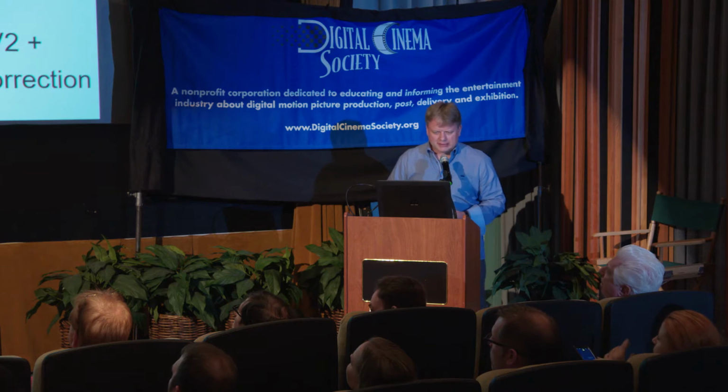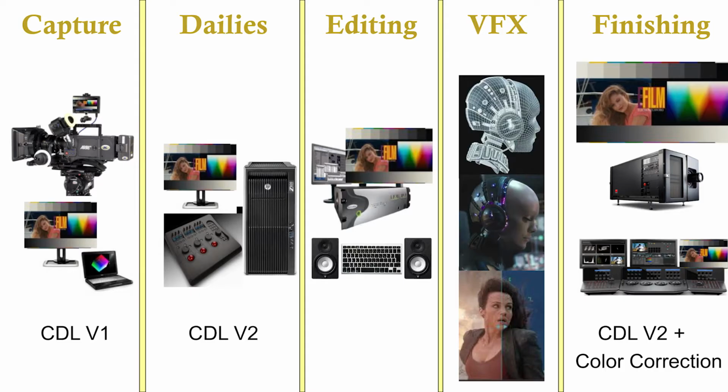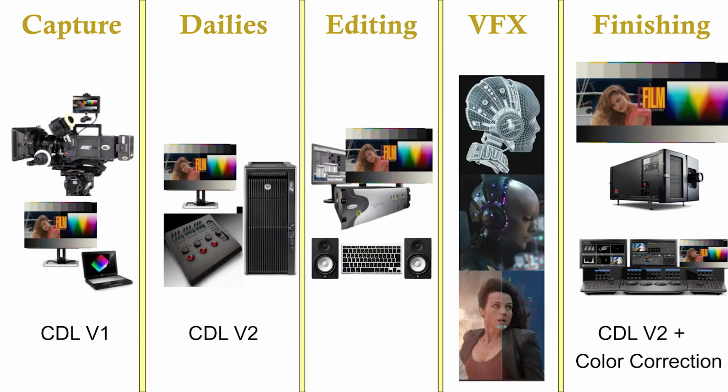A normal production, let's say, since they are all different, would be that we capture, we produce dailies, we do the editing, somebody is doing VFX work, and at the end we do finishing. On my monitors in this image, I show the same look and feel on every monitor, which is the most difficult thing.